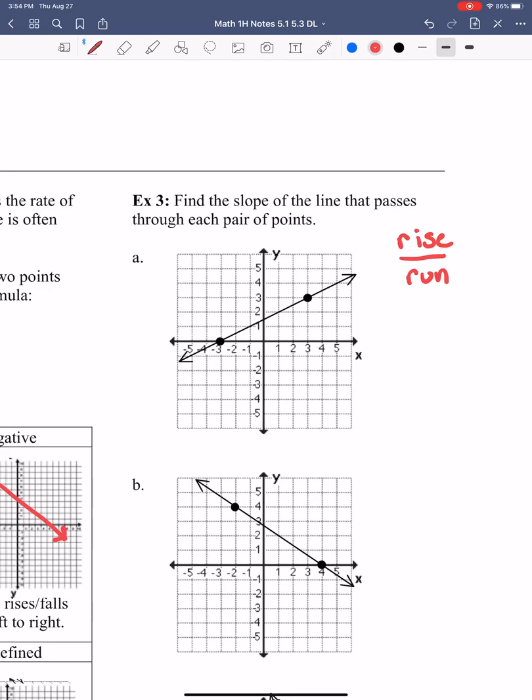You've got to start on the left here. So this left point starts right there, and the rise is up 1, 2, 3. So we have a rise of 3, and then we're running to the right 1, 2, 3, 4, 5, and 6. So we're going over 6, right? And we could reduce that to 1/2. And so I would say that my slope is 1/2.